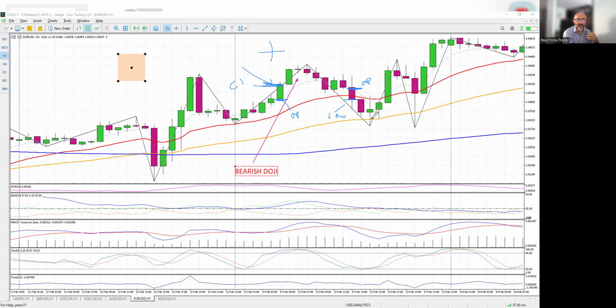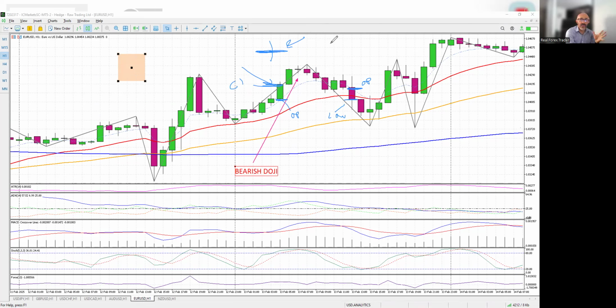So that is the theory, very simple, of opening and closing, whether we have a bullish or a bearish candle. With the dojis, we can identify something here, that the opening and the closing are exactly the same. So that definitively indicates indecision.